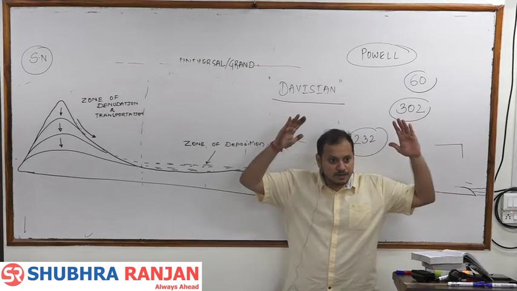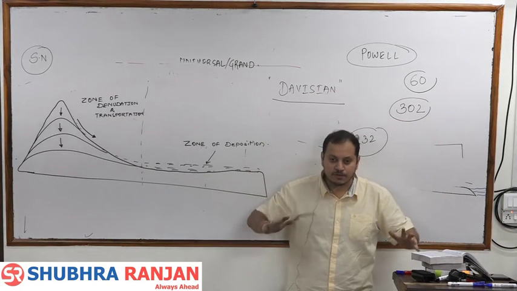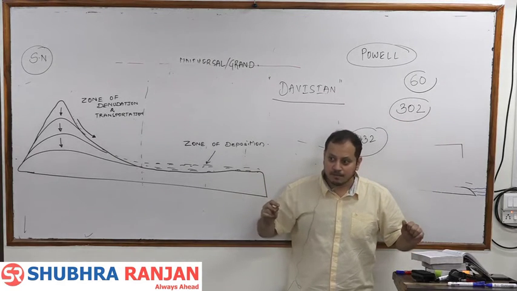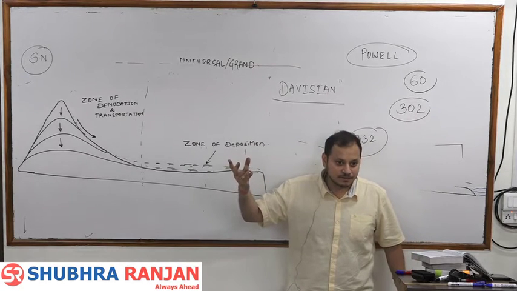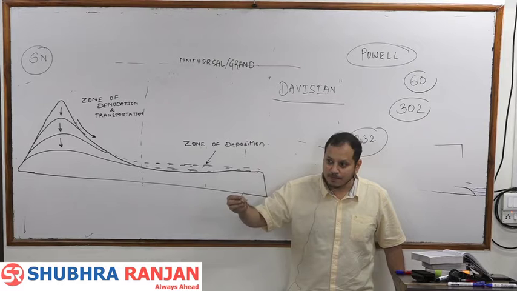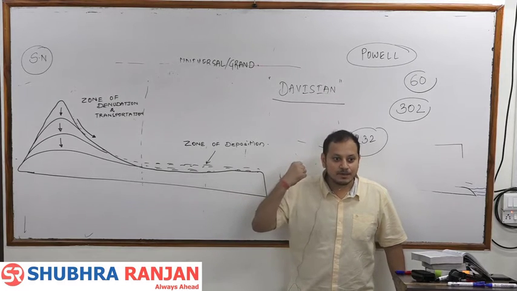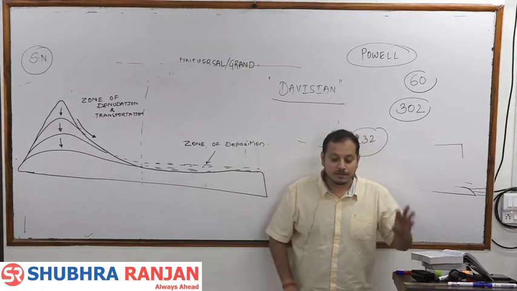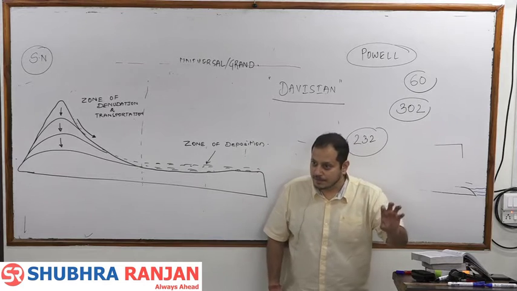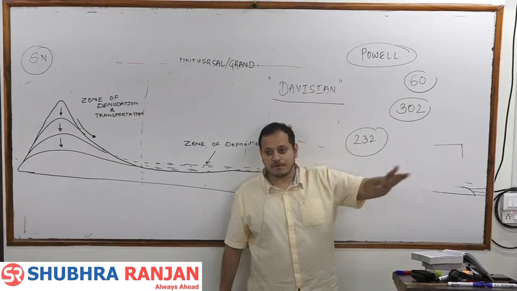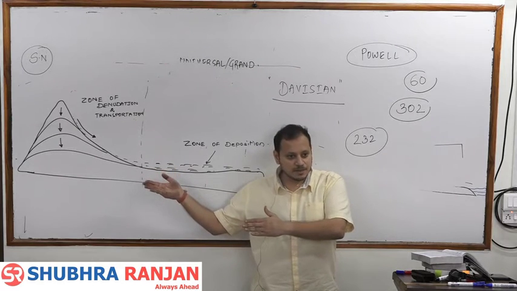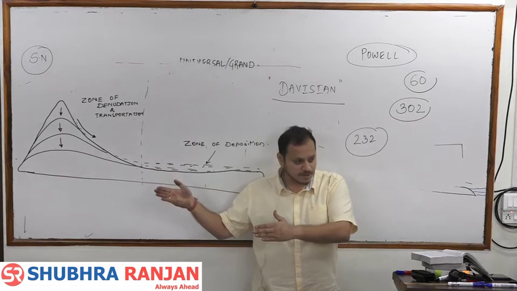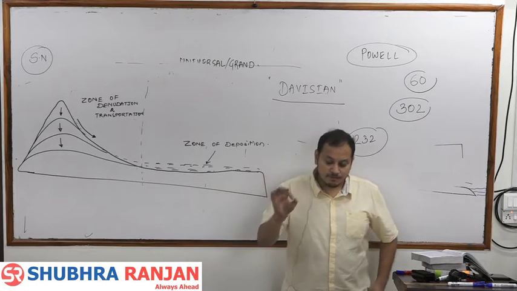Then only the highest mountains such as the Himalayas will be converted into the Great Plains. But in those millions of years, some new mountains will be created somewhere else. So what we will find is that peneplain will not exist uniformly. The Davisian concept that if there is time, the entire earth will become flat will never happen. If the Himalayas are destroyed, some other mountain will come at some other place. Getting it? That is why time was criticized.